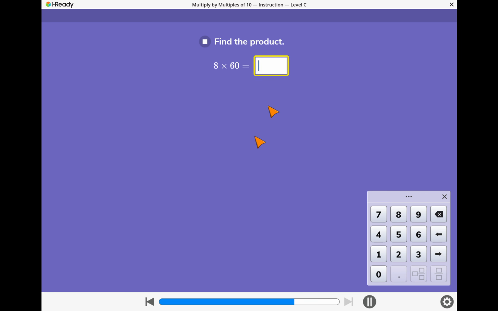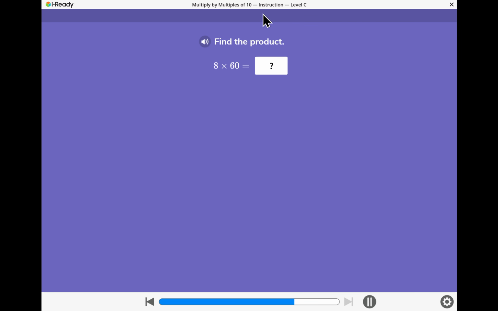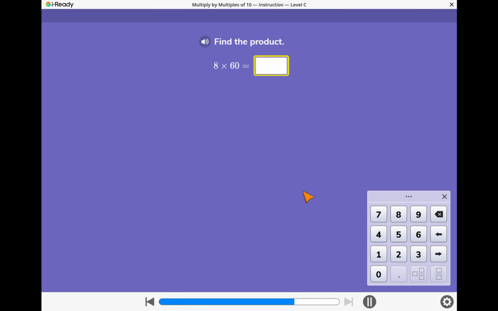Find the product. Thanks a lot, Plory, but I also need help with this. Let me think.